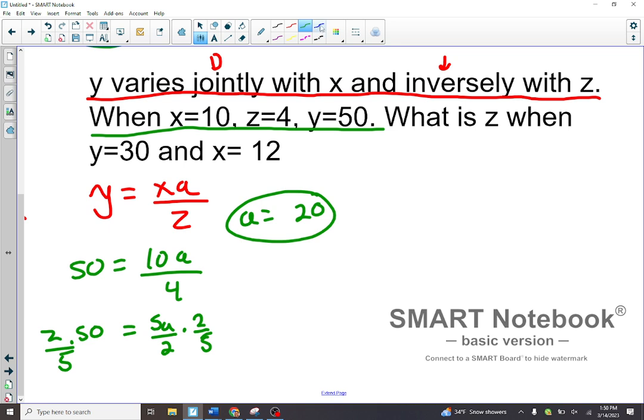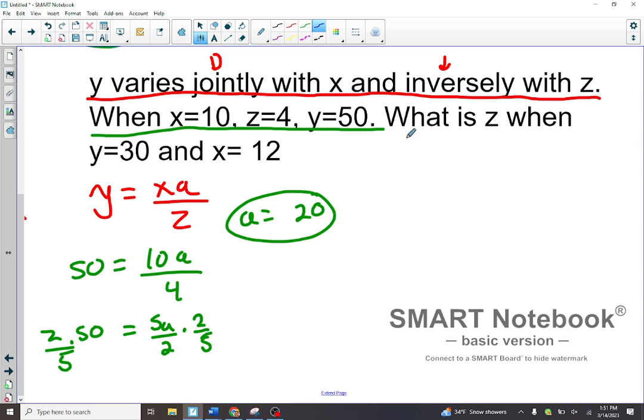I reduced 10 over 4 to 5 over 2. You can do whatever you need to do to find a. You can just do it the regular way, or you can just multiply by 2.